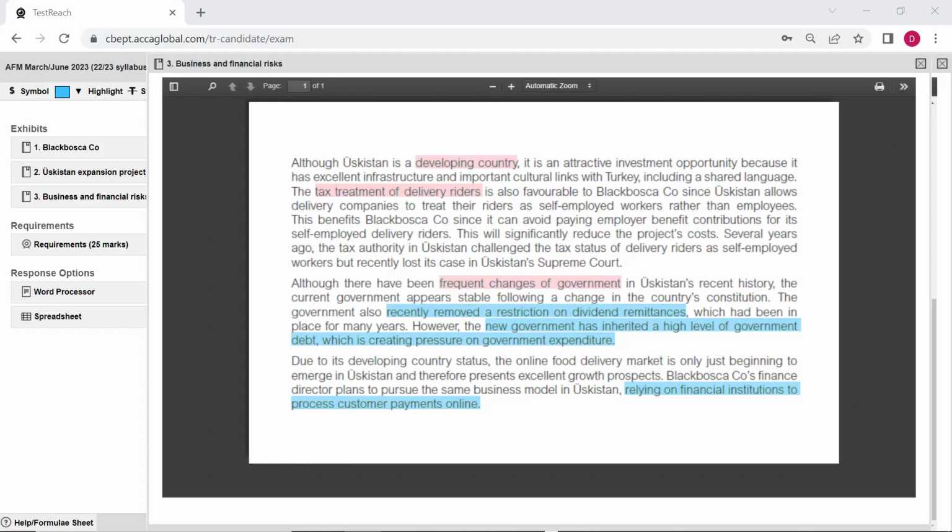The high level of government debt might mean that the rate of tax went up over the next few years, and that could be a problem. Relying on financial institutions to process government payments online, there is the risk that they don't do that well and that some of those payments don't come to you or they come late. So we're just looking for a reasonable explanation, development, and perhaps skepticism on the importance of some of these risks.